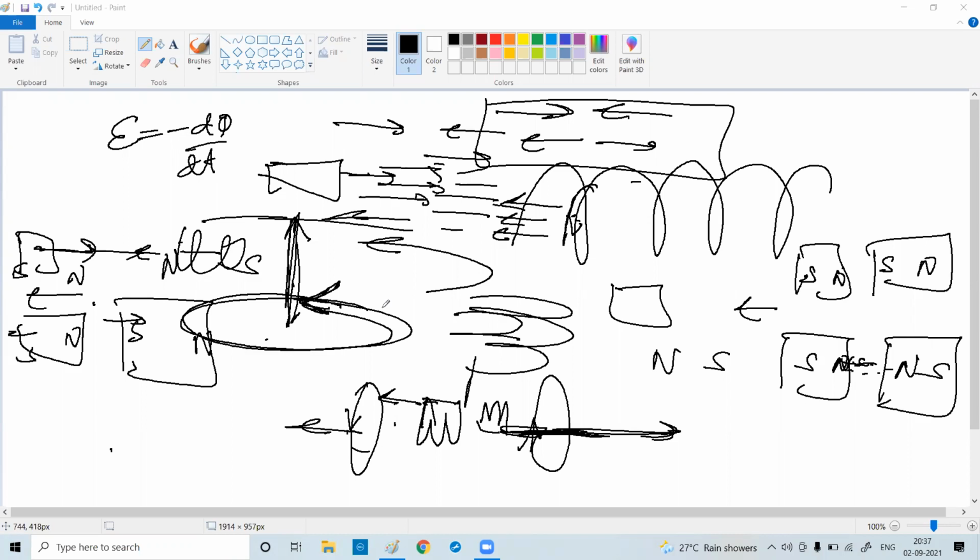The law gives the direction of induced EMF or current in a circuit is such as to oppose the cause that produces it.